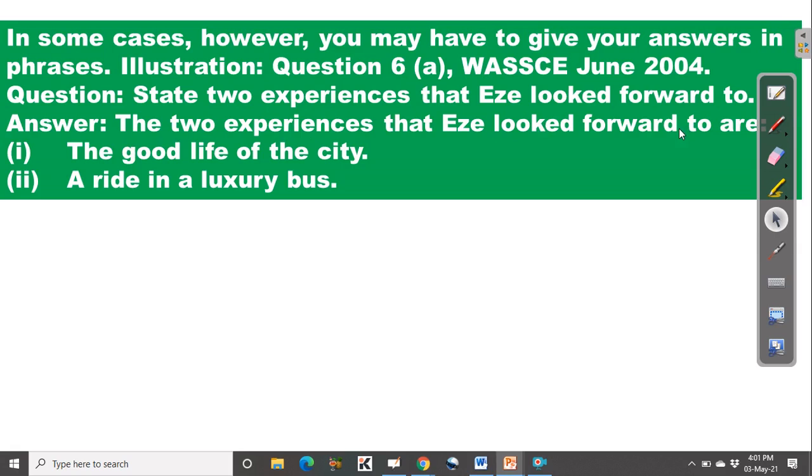Then you can again use a preamble and you say the two experiences that Eze looked forward to are: one, the good life of the city, two, a ride in a luxury bus. All right, so sometimes you may even answer with some phrases, right? It's not like summary questions where you are compulsorily or mandatorily required to present your answers in sentences. All right?